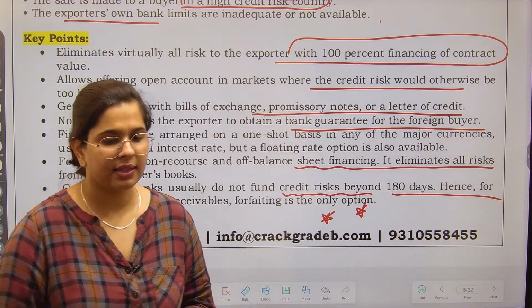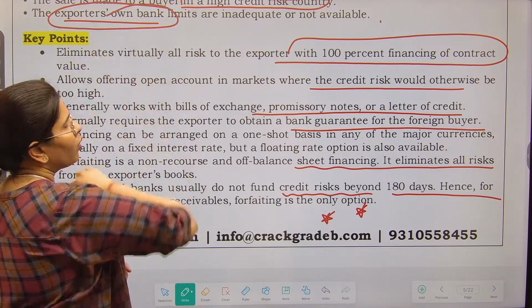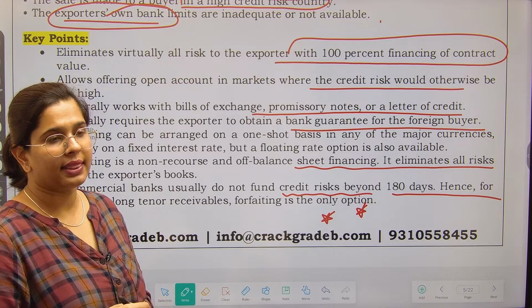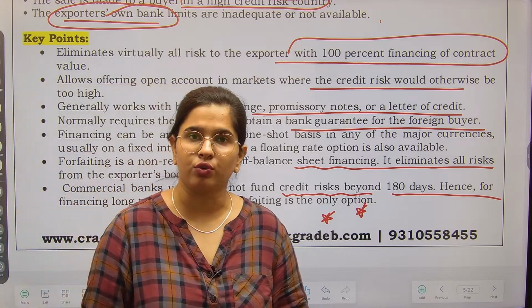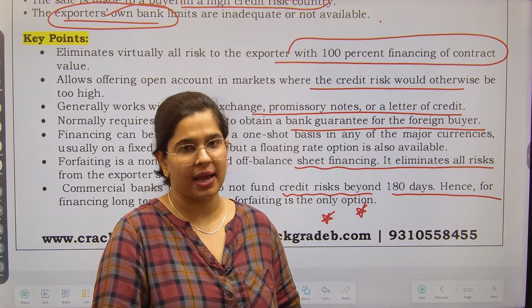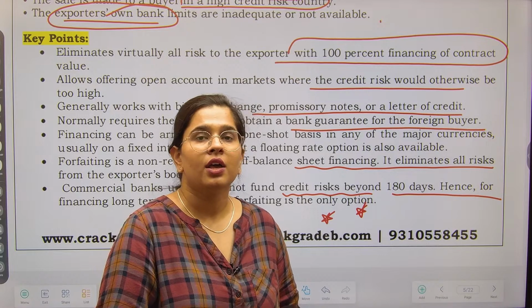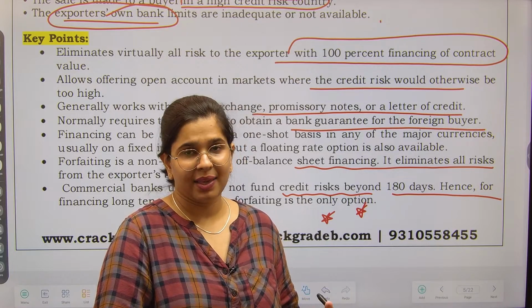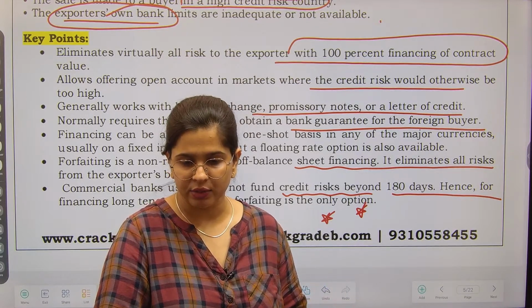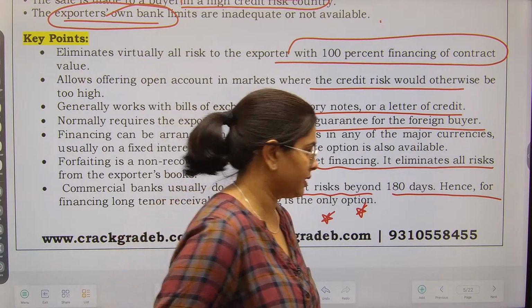So that is why this point is also written: the exporter's own bank's limits are inadequate, and therefore the exporter has to go to financial institutions other than commercial banks. There are so many non-banking finance companies; they are not doing banking business but are into financing, so they provide such kinds of services.